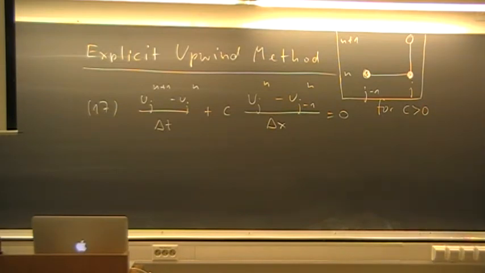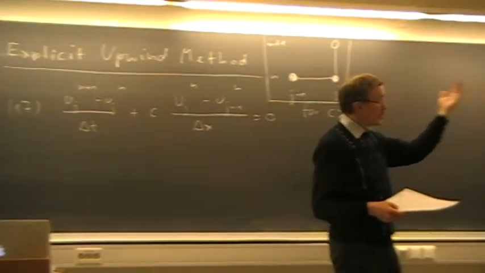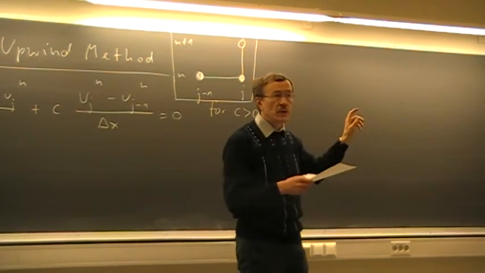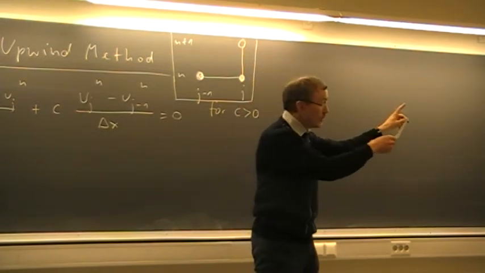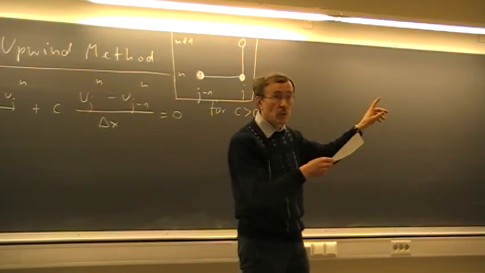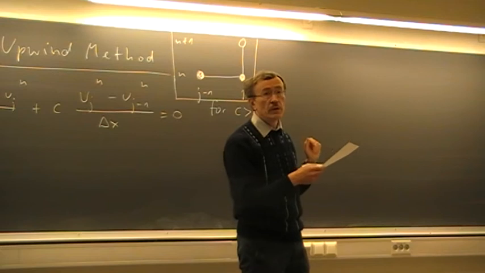So what if c is smaller than 0? We have not seen that yet, but that will be your task for exercise 6. Then we put our finger in the air, and we recognize flow is coming from the right. So we have to take the difference approximation from the right, so we have to take j plus 1 and j to take the slope.